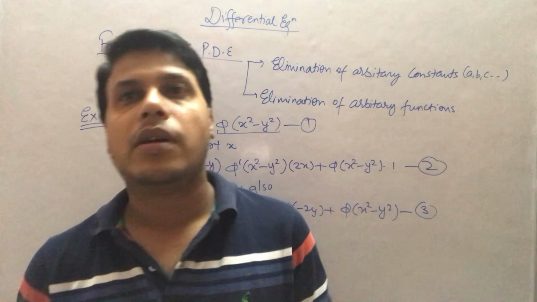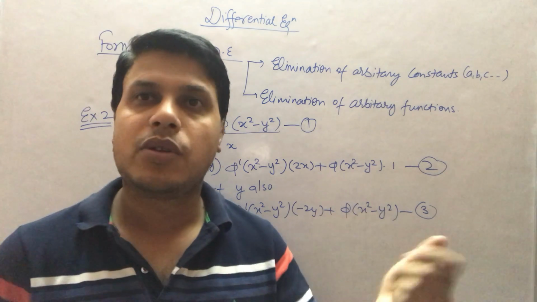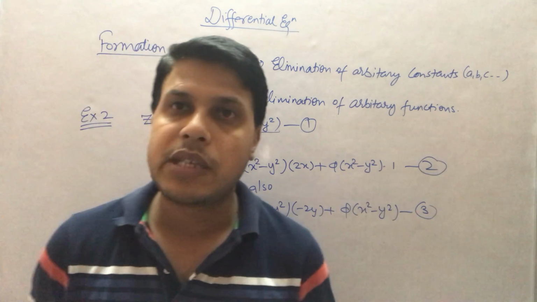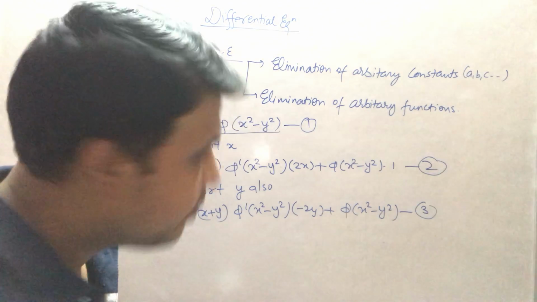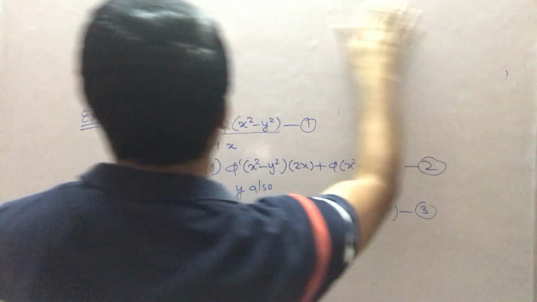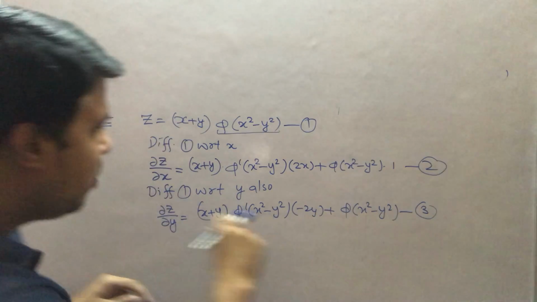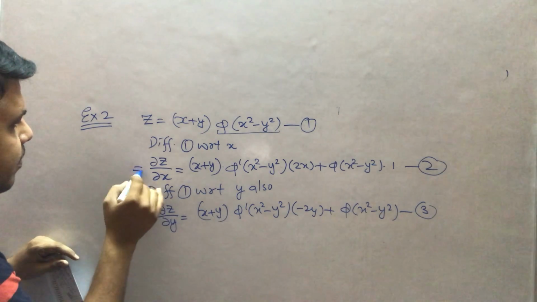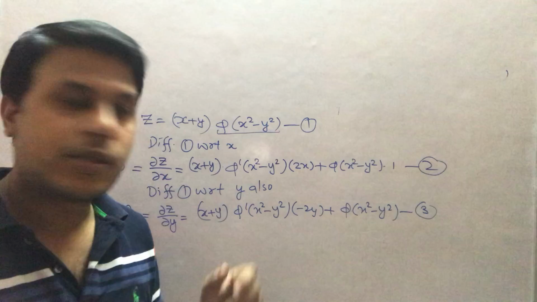Okay, now our aim is to remove the phi, or we can say phi of x square minus y square. How can we do this? We can write below also that it is actually p and it is actually q.